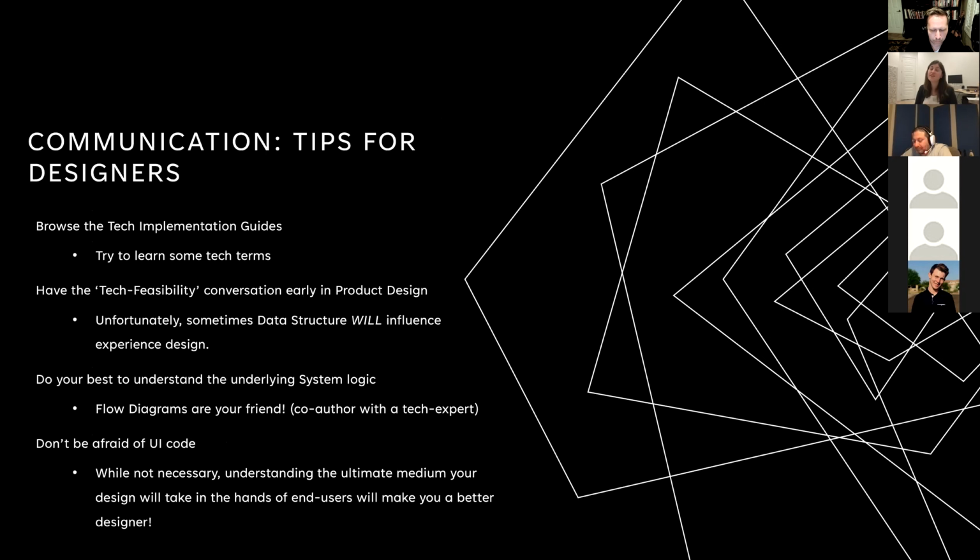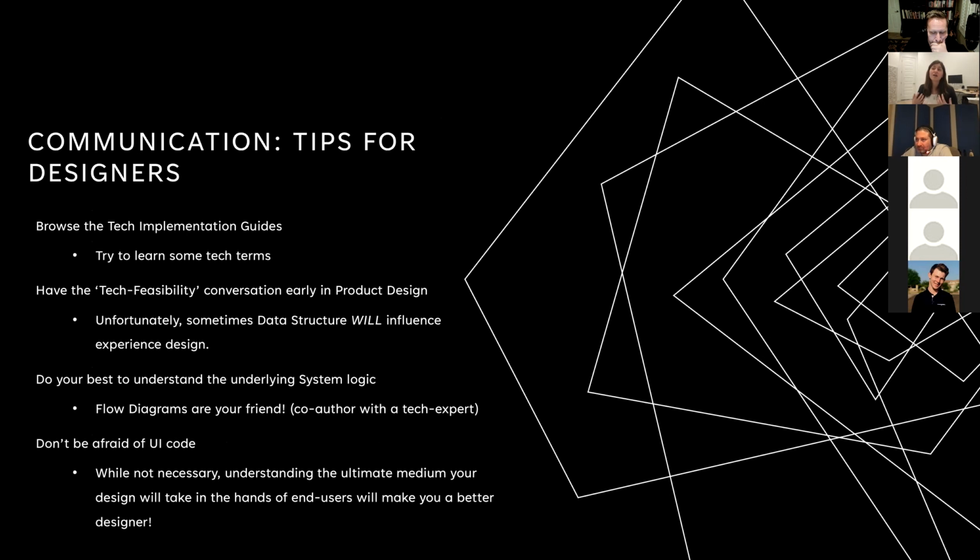And then specific tips for designers. Browse the tech implementation guides. Don't just stick to the design section of your design system. Make sure you're also somewhat aware of what the technologists are working with.